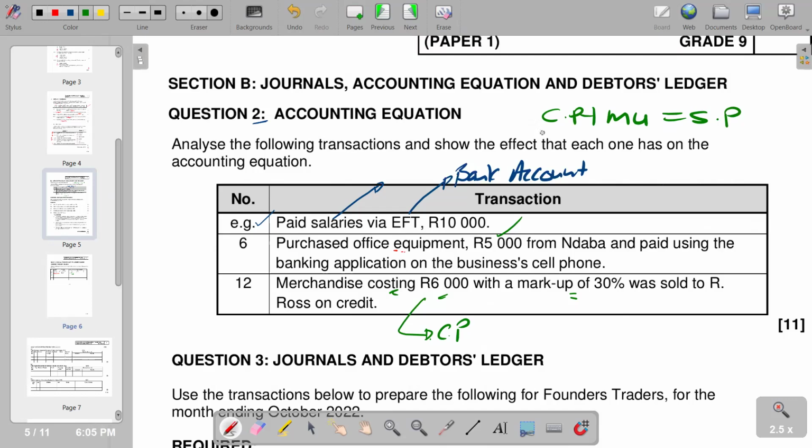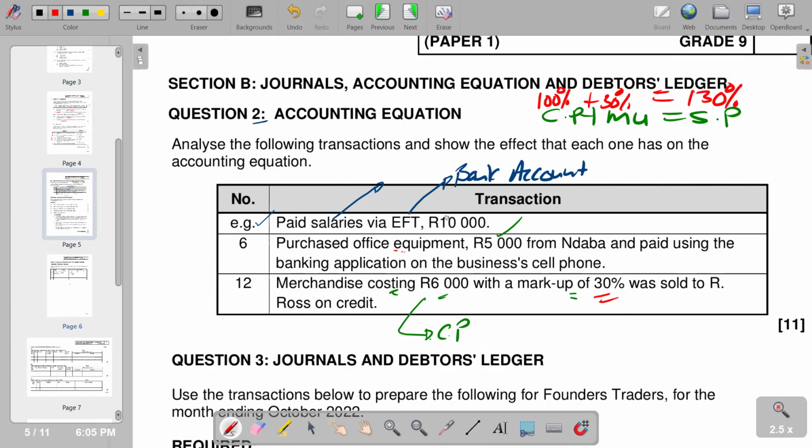So we see that this is the case according to the transaction that we are given, of which cost price is always represented as 100%. And we add the markup that we are given as a representation of 30%. And then the selling price in this case, in terms of percentages, is 130%.